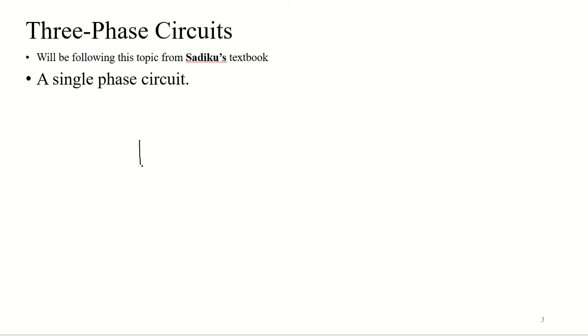A single phase circuit has a source, and that source is connected with the help of wires to a load. So this is my load, and this is my source.